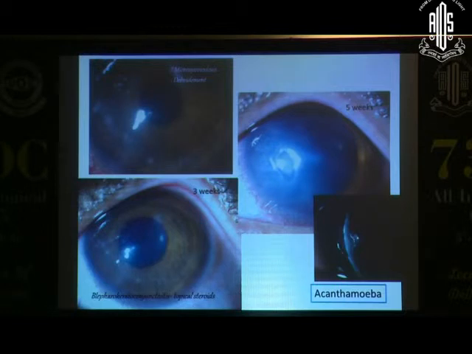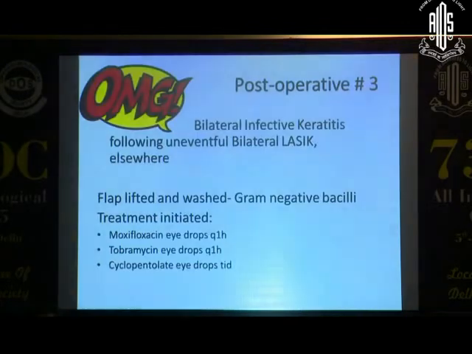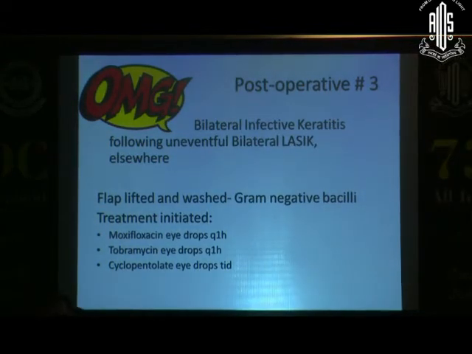But acanthamoeba in this patient is what we were dealing with, and we put the patient on PHMB eye drops, and with that he cleared, and with an RGP he has about 6/12 vision. So the patient got cross-linked then? Yeah, the patient got cross-linked with the scarring.